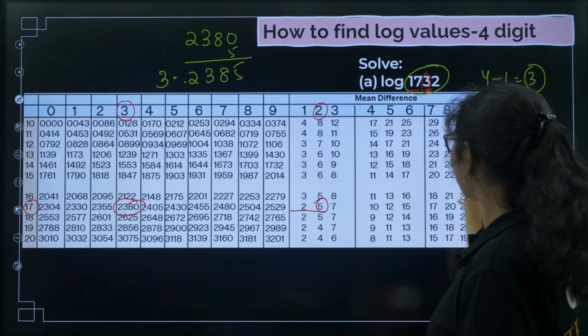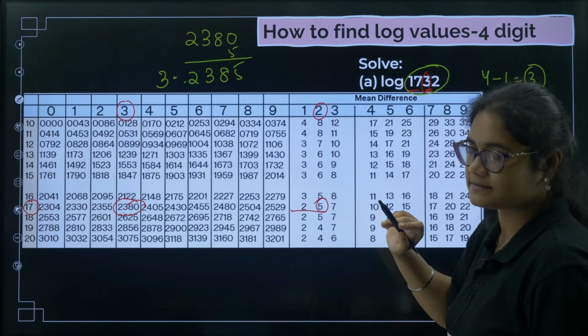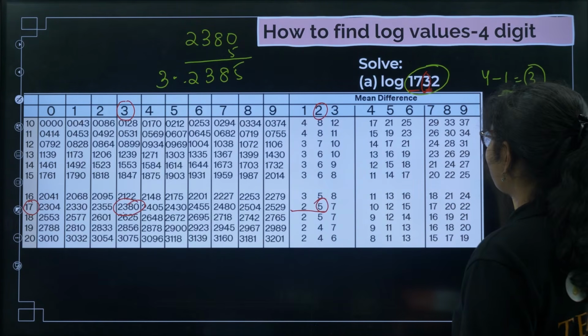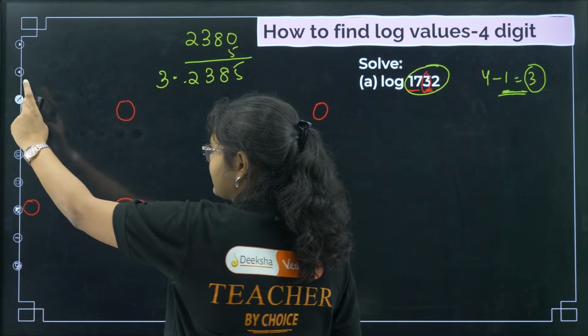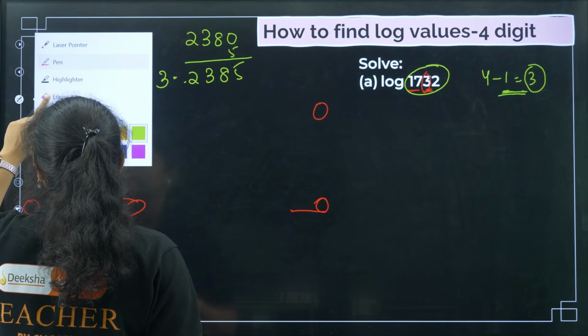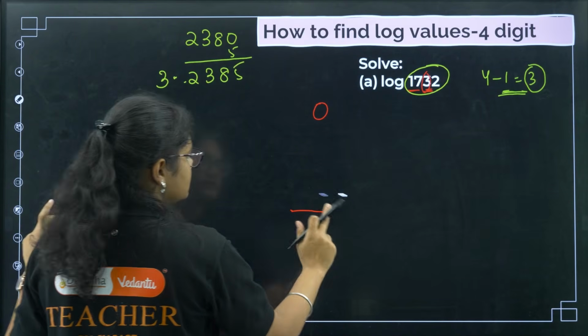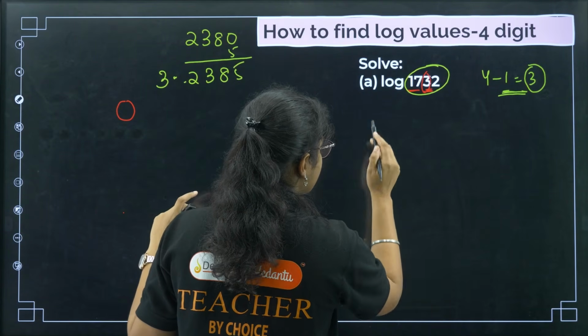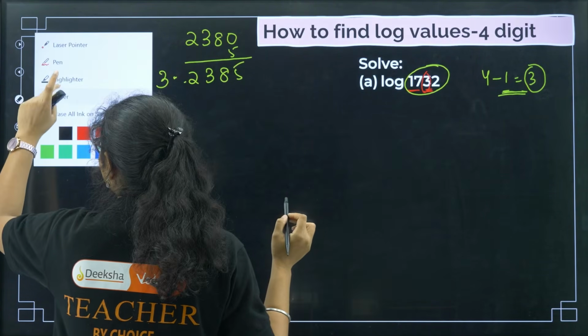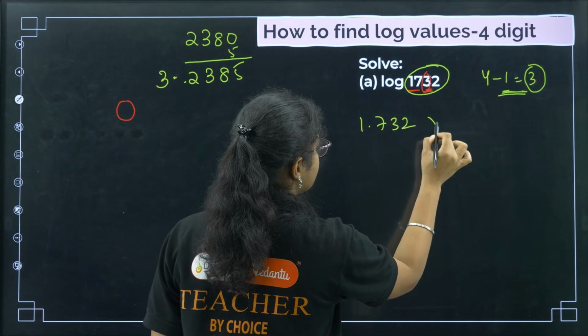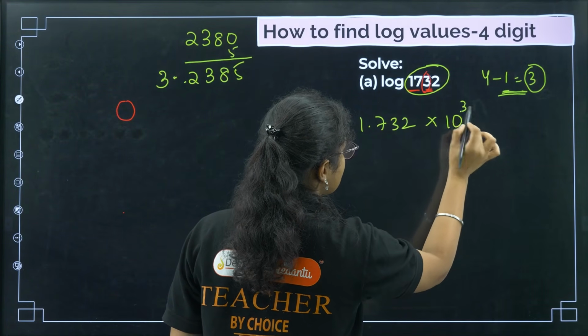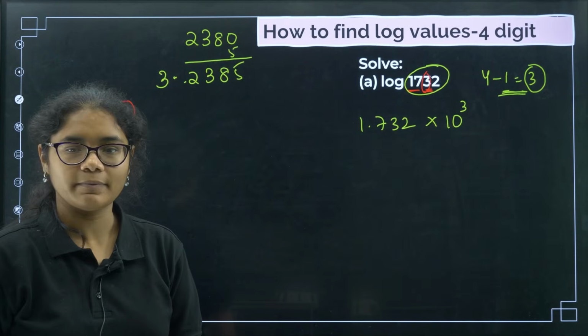Now I'll tell you why we are doing it like this. When you solve this, you need to write it like this. I'll tell you the long way now. 1732 can be written as 1.732 into 10 to the power of 3.